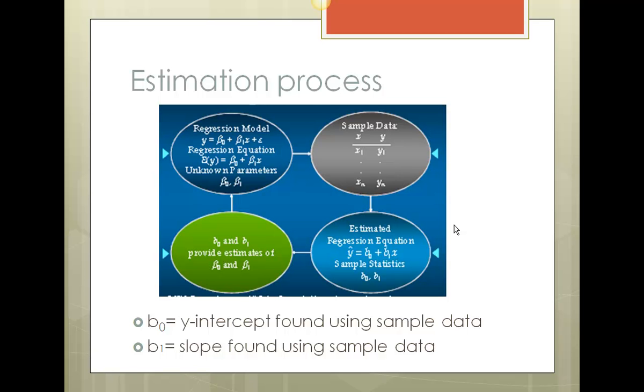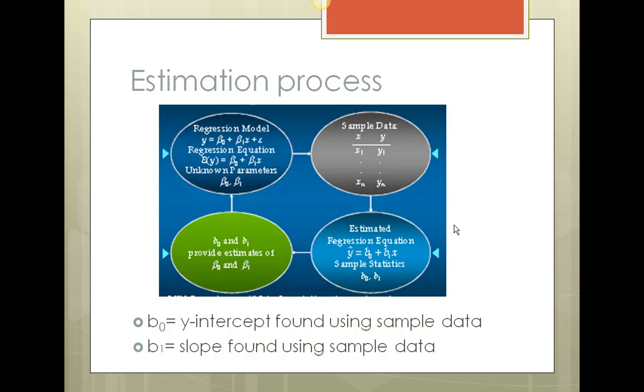The estimation process. So how does this work? We have an estimation or a regression model where we believe x is related to y. So we come up with this theoretical y equals beta 0 plus beta 1 x plus some error term. We then write out our regression equation.